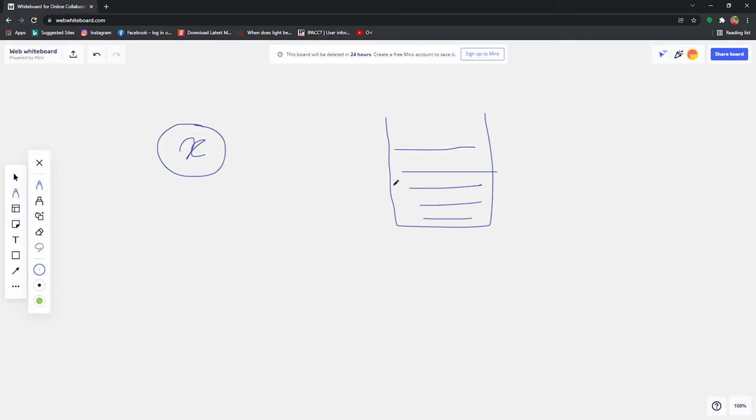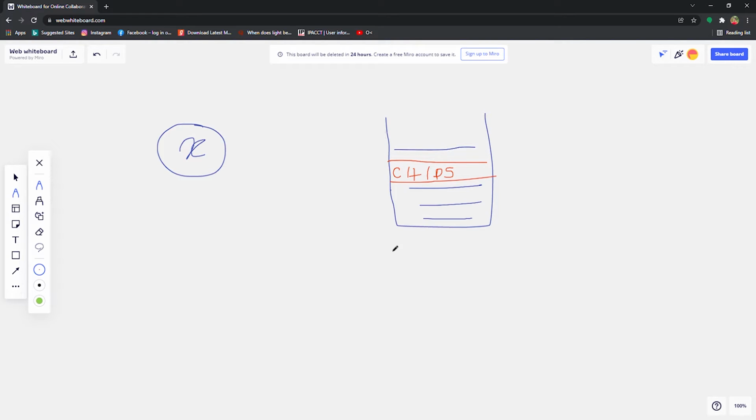Suppose chips are kept, so she has labeled it as chips, C H I P S. Let me use a different color pen, let me use red.